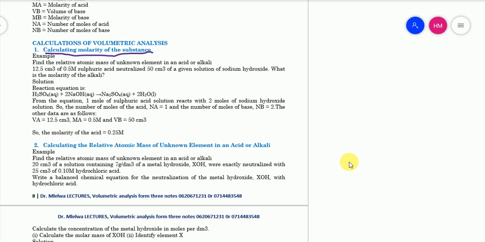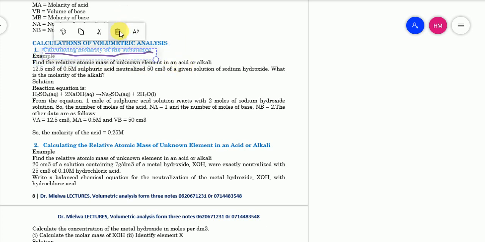So let's say you are given XOH, and this XOH you don't know whether it's sodium hydroxide or potassium hydroxide. By using the calculations of volumetric analysis, first by titration, and then after titrating you will draw the table of results. After drawing the table of results, you will calculate the average volume of acid. After calculating the average volume of acid, then you will calculate the relative atomic mass of the whole compound, let's say it's a base or an acid.